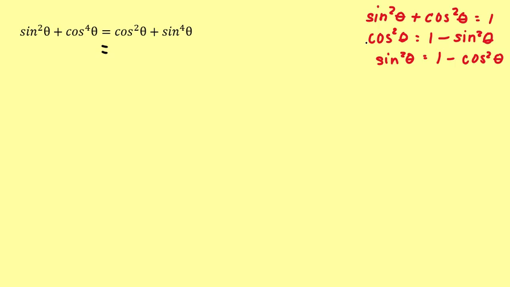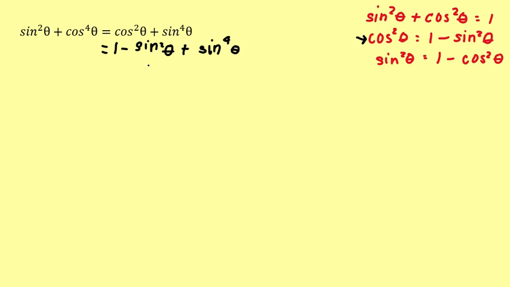So instead of writing cosine squared theta, we substitute 1 minus sine squared theta. So this is 1 minus sine squared theta plus, and then we just copy this, sine to the fourth theta. Let's do it one by one.